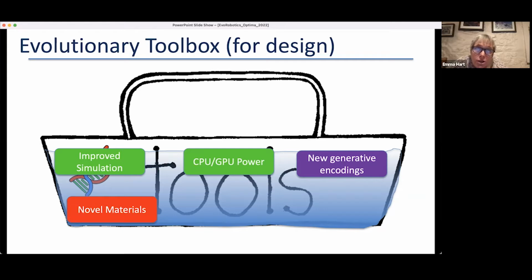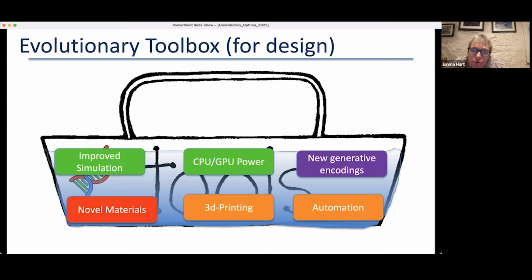From an engineering perspective, it's also helped by some new materials. So rather than just having to design with, I don't know, if you're building robots, things like steel or plastic, you can design with soft materials that you can pass current through so they can change their properties on the fly. And this really opens up the design space for a designer. And finally, this is really engineering, but it also helps if you're trying to do evolutionary computation in this space.